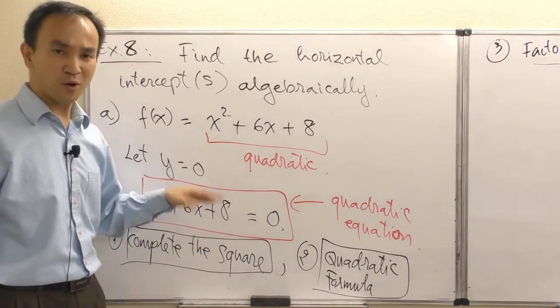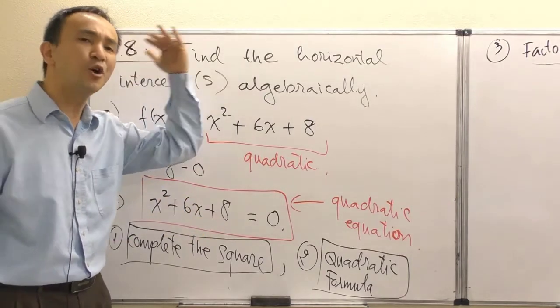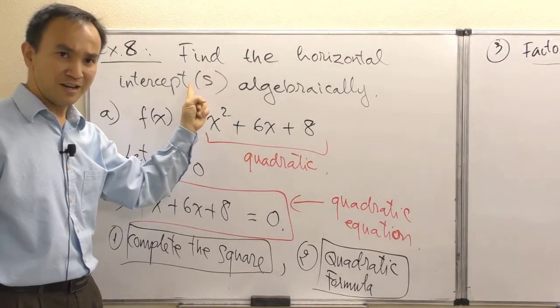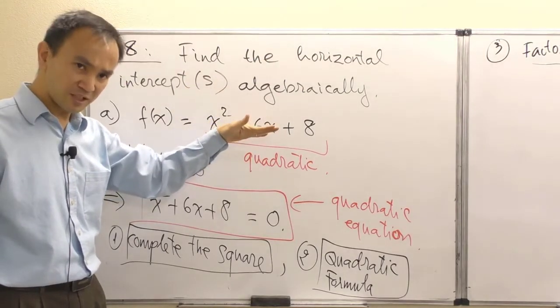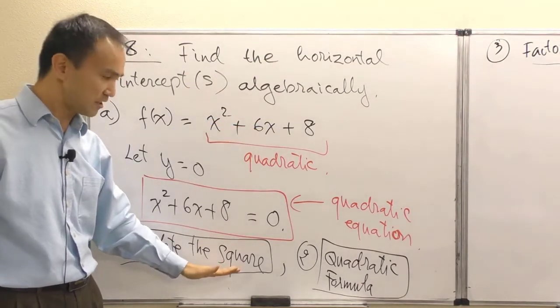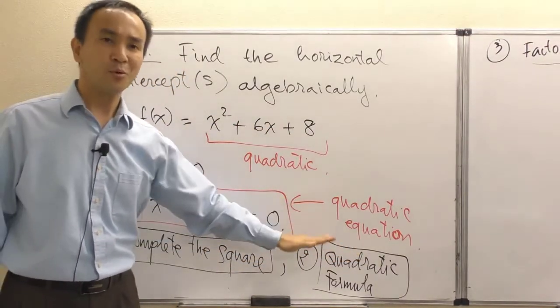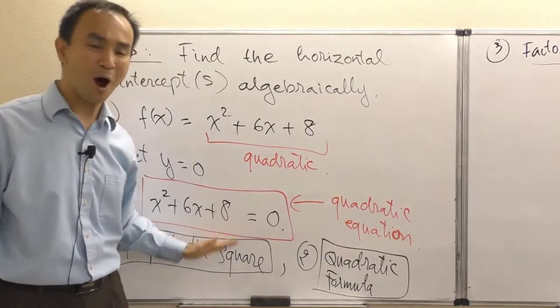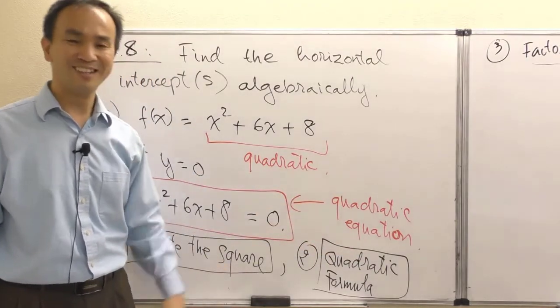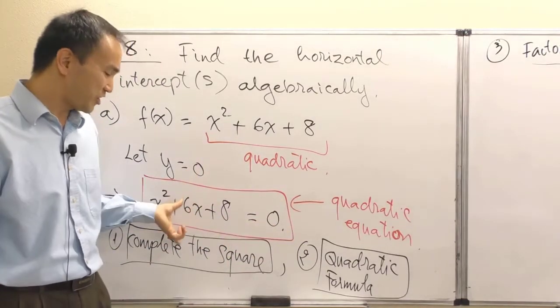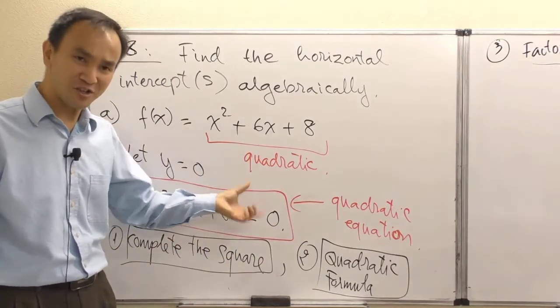Remember, our main goal here is to find horizontal intercepts. Specifically for this problem it's a quadratic, that's why we have completing the square or the quadratic formula. But these two methods are quadratic-function oriented, so they only work on a quadratic function, which consequently produces quadratic equations.